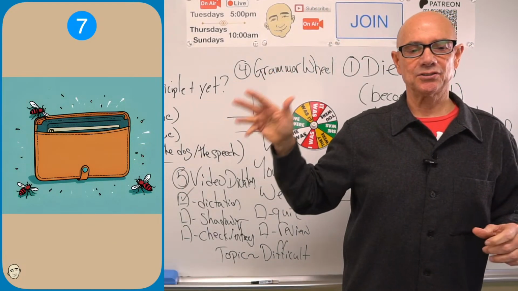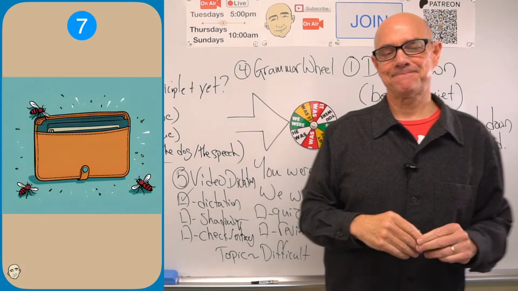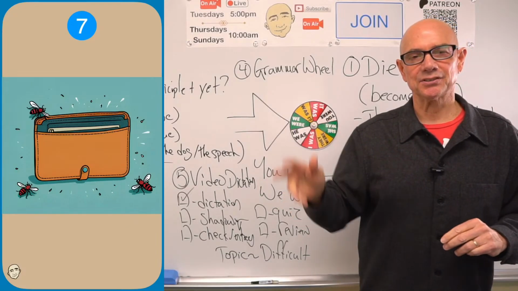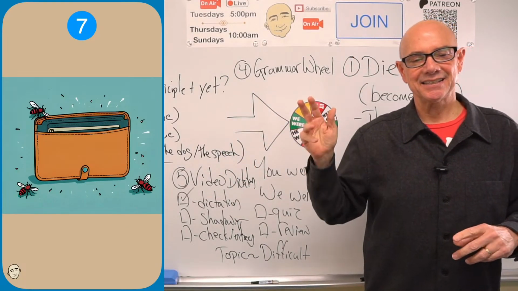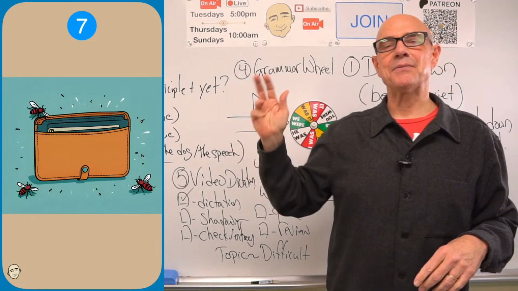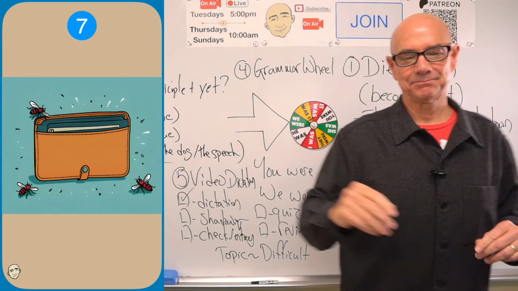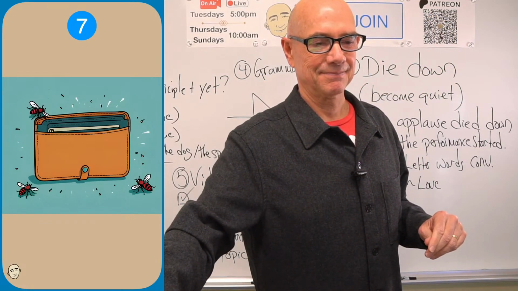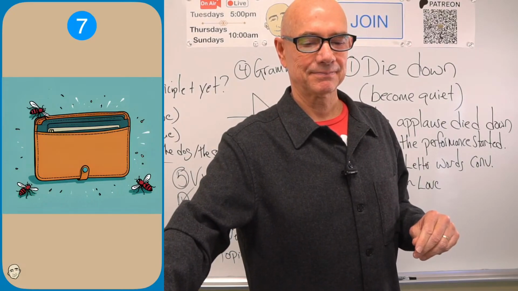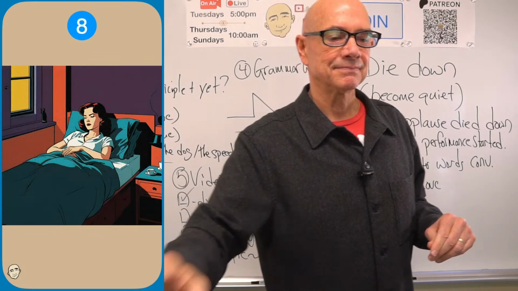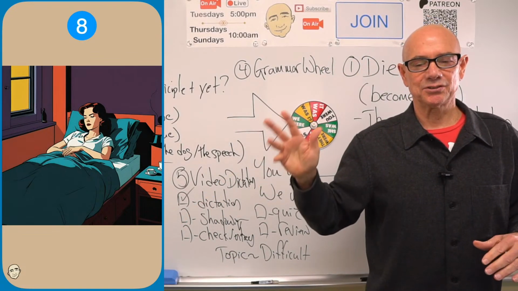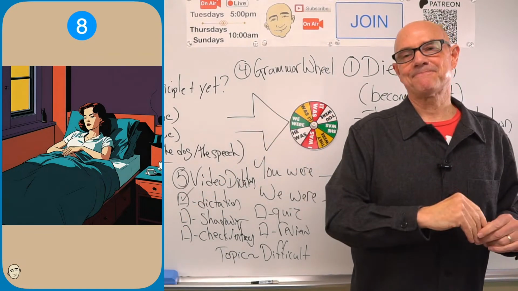It's difficult to save money. It's difficult to save money. It's difficult to save money. It's difficult to wake up early.